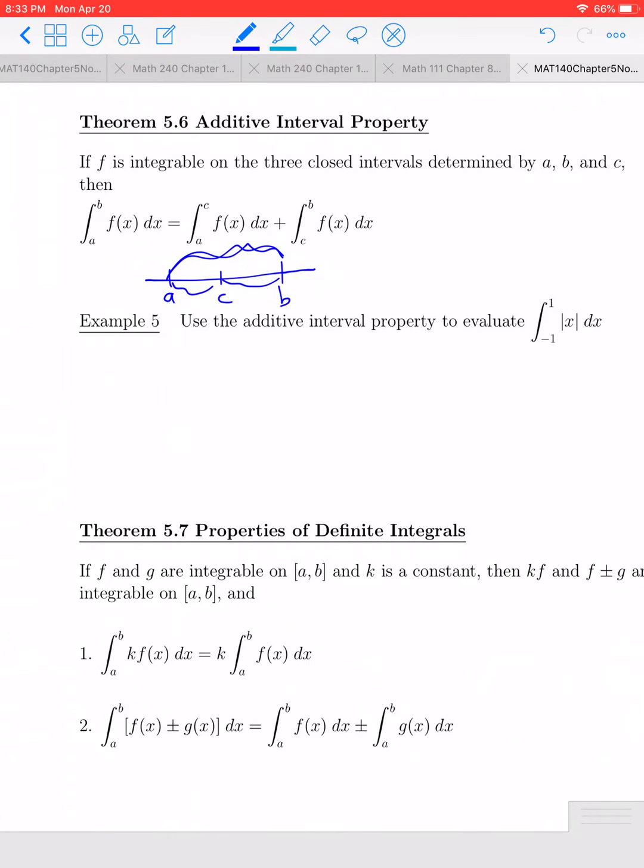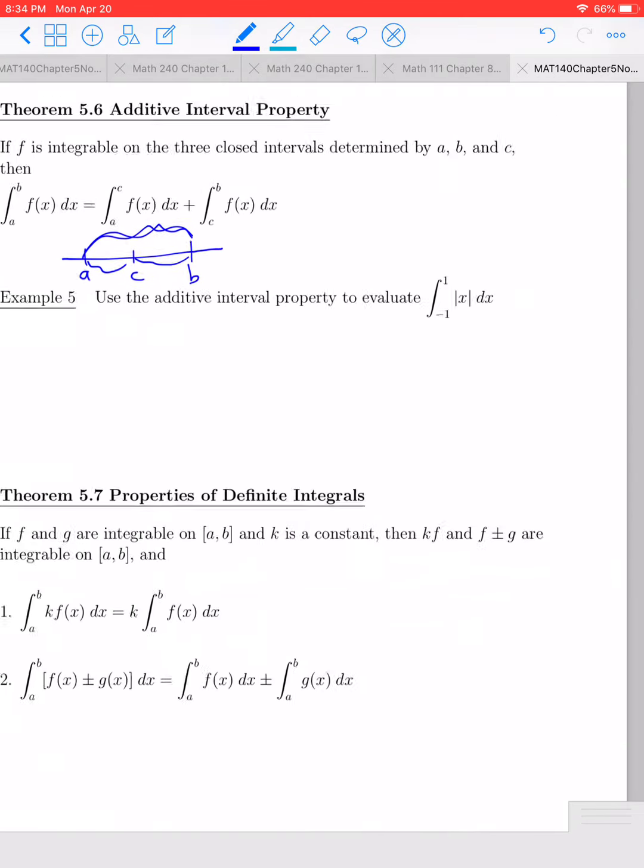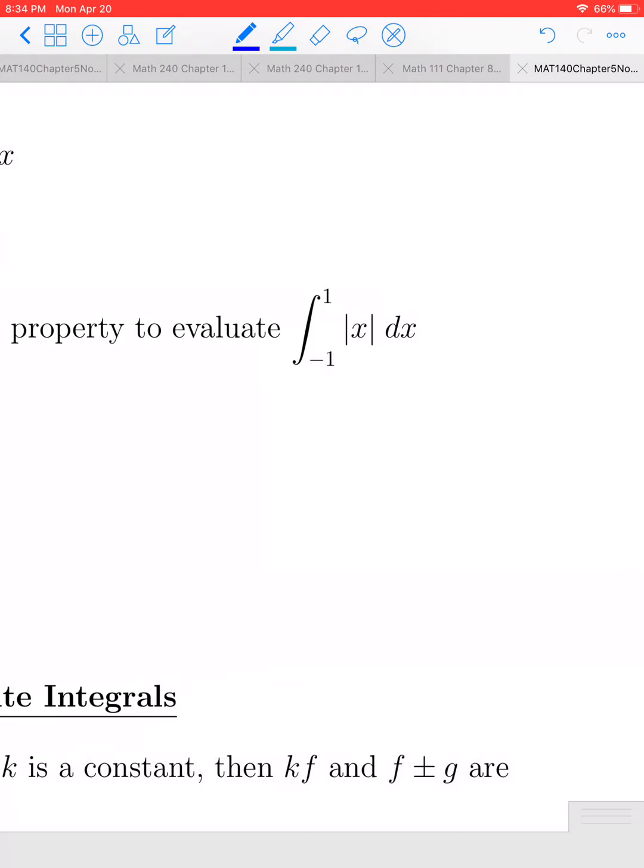In example 5, they ask us to use the additive interval property to find the definite integral from -1 to 1 of the absolute value of x. Let's go ahead and do that. First, we can split it apart, because we know that the absolute value of x changes its expression at 0.